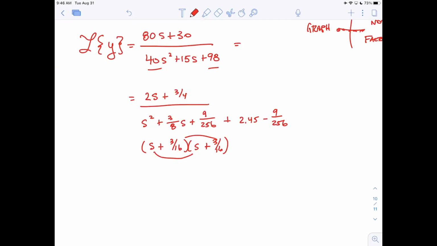So now what do I have? I have 2s plus 3/4 divided by s plus 3/16 squared plus 3091 over 1280.